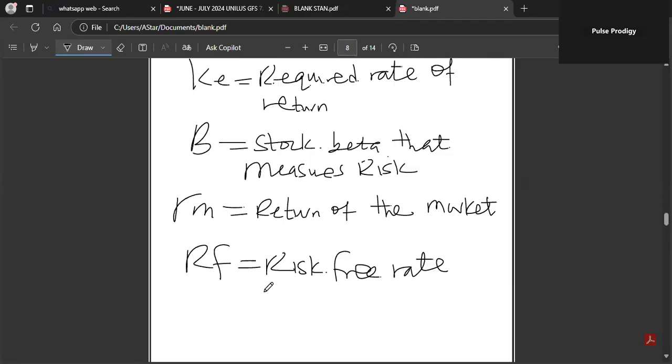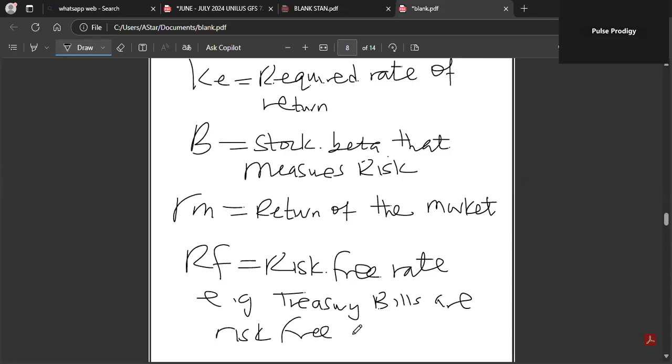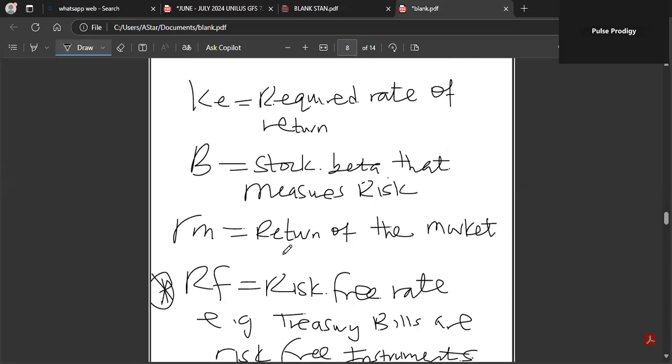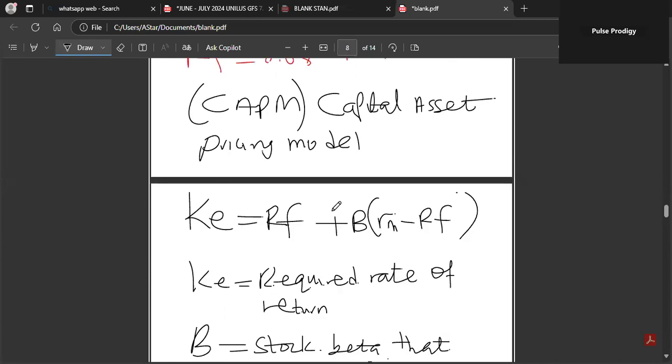And what is risk-free? Risk-free rate, e.g. treasury bills. Treasury bills are risk-free instruments, meaning that the government cannot default. So here we have this formula.